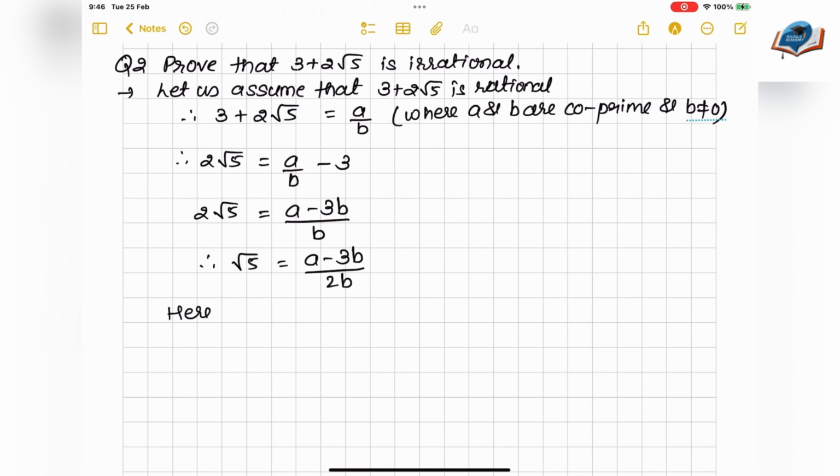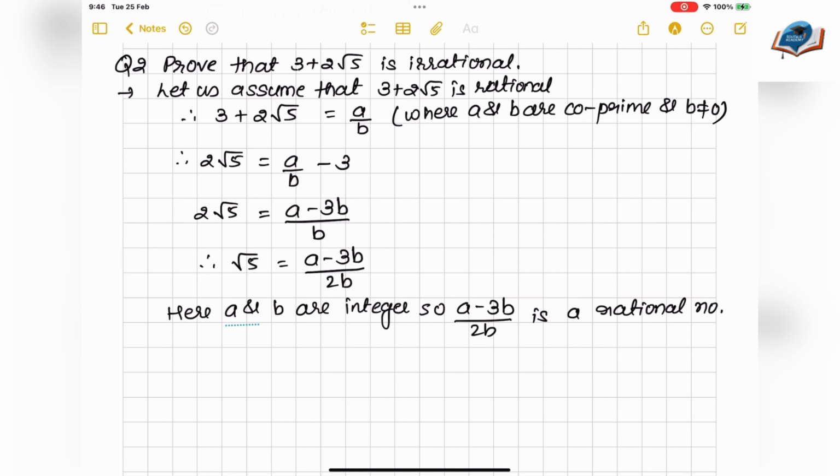Here A and B are integers. So A minus 3B upon 2B is a rational number. So root 5 is also a rational number.